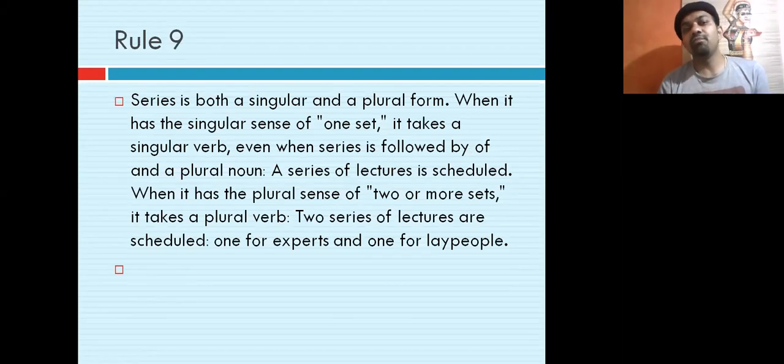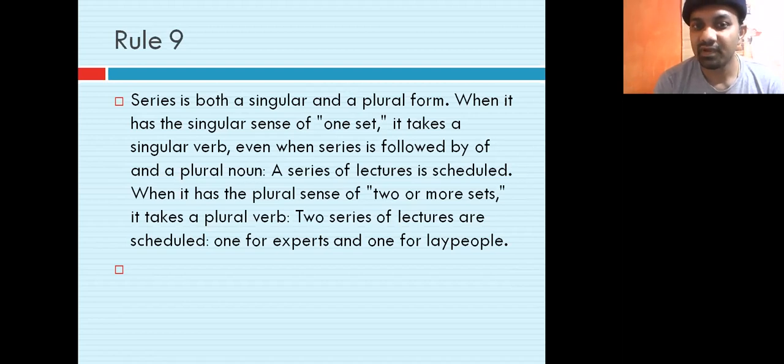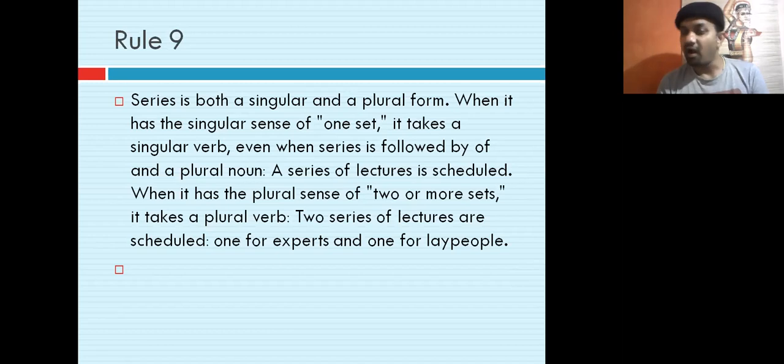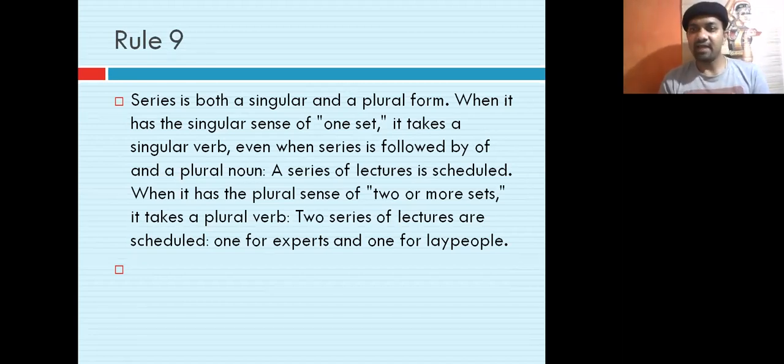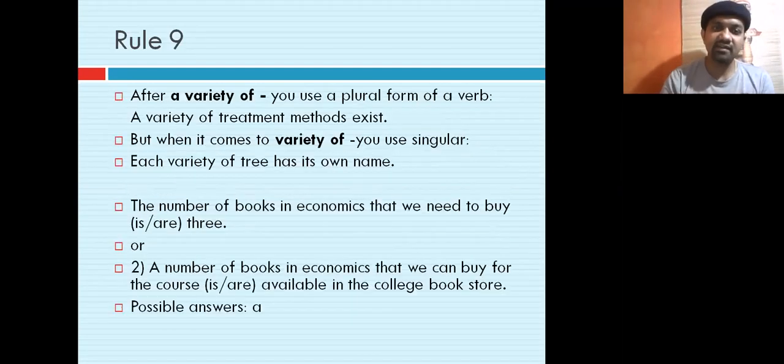Series means sometimes singular, sometimes plural. A series of lectures is scheduled, or you can say two series of lectures are scheduled. One for the experts, another for the layman. So, when a series is meant as one set, that should take a singular verb.